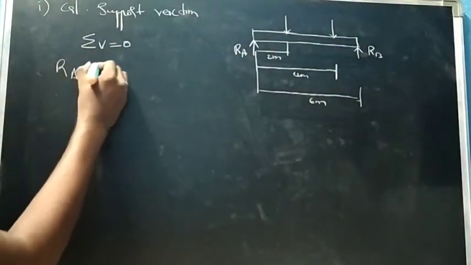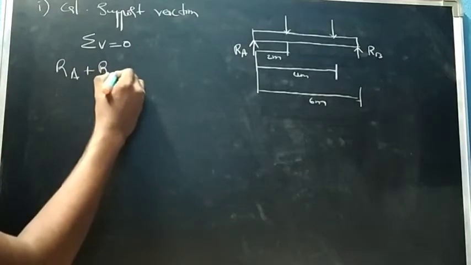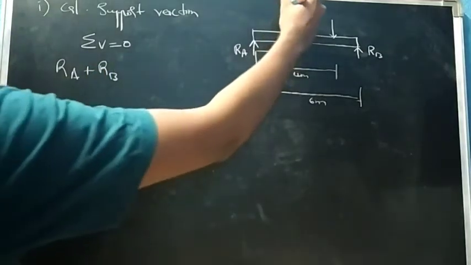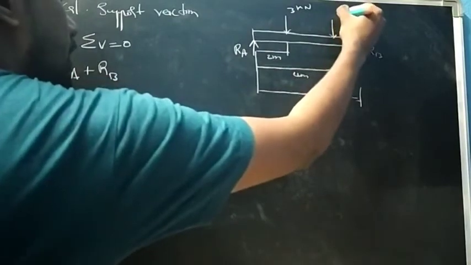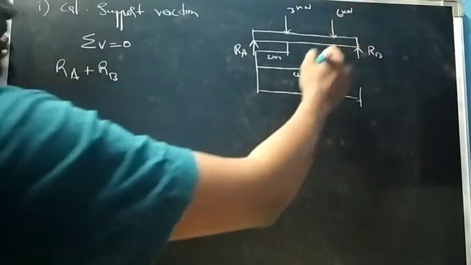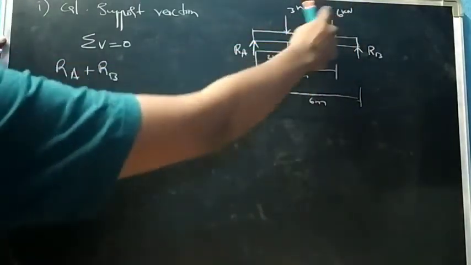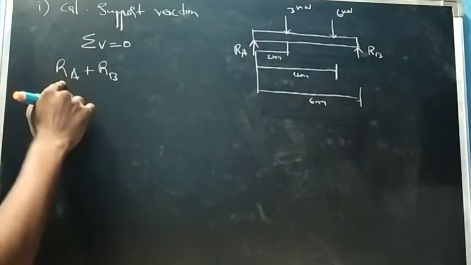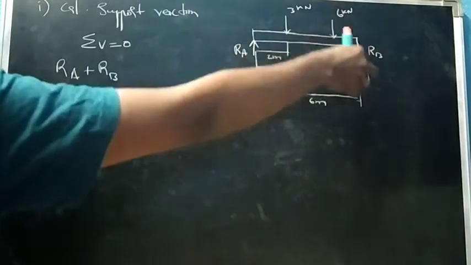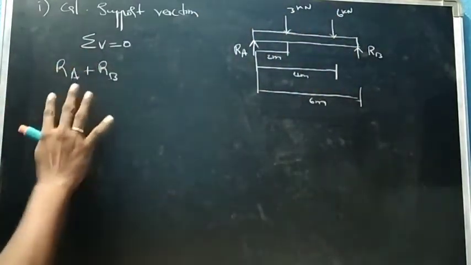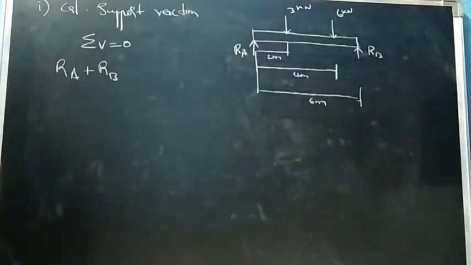RA plus RB minus 3 kilonewton and 6 kilonewton. So this one is 6 kilonewton, 3 kilonewton. RA positive because upward direction, and RB positive. So I am taking all the vertical forces.